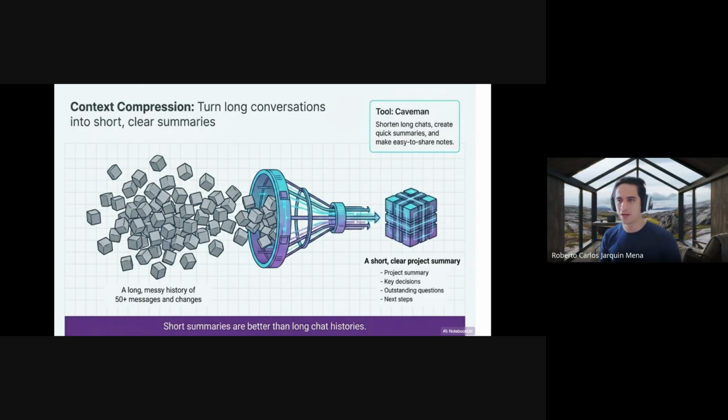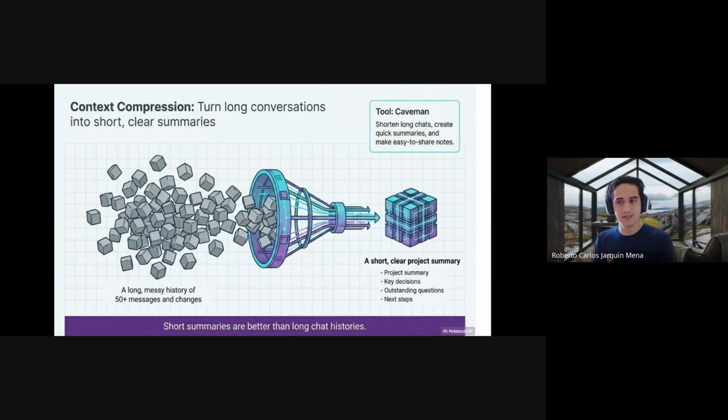Let me explain this. Imagine you ask an AI to help plan a birthday party. After many messages, it can be 200 messages interacting with the AI, you ask, what do you still need to do? Instead of reading the entire conversation, the AI receives a summary.